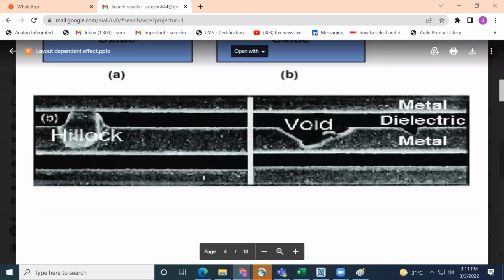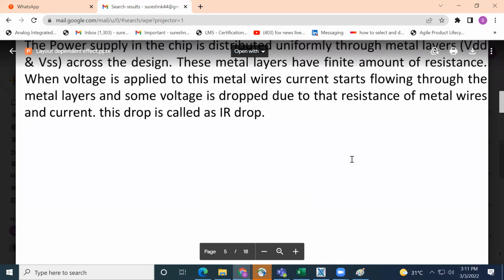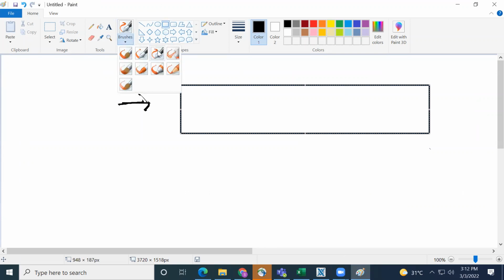This is happening because a nearby metal is there, so short means hillock and open means void. This is the definition you have to tell. And how to save? You have two conditions: current must be minimized, so one condition is parallel routing to avoid EM.